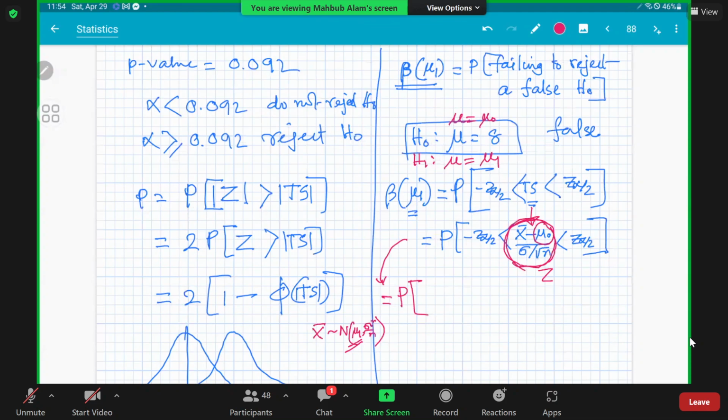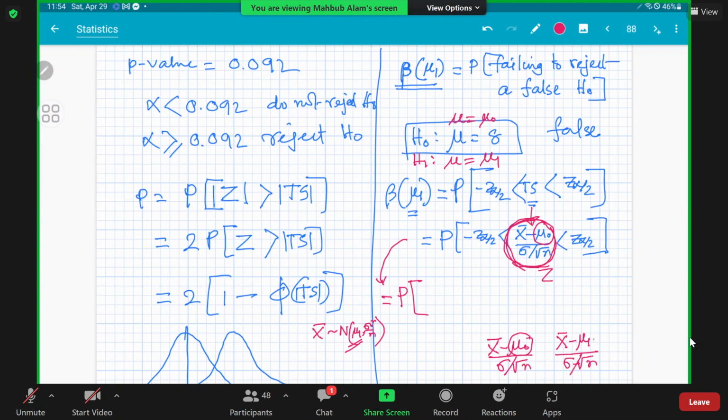This middle quantity actually is, first let me write it, x bar minus mu naught divided by sigma divided by square root of n. Here, this is not the true mean. What we want is x bar minus mu1 divided by sigma divided by square root of n.